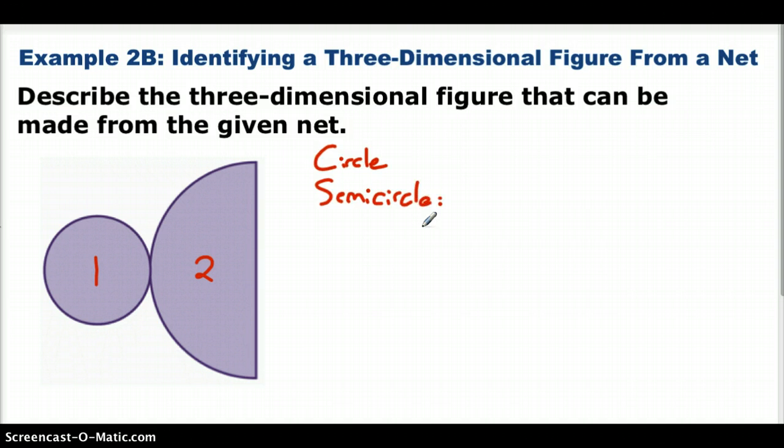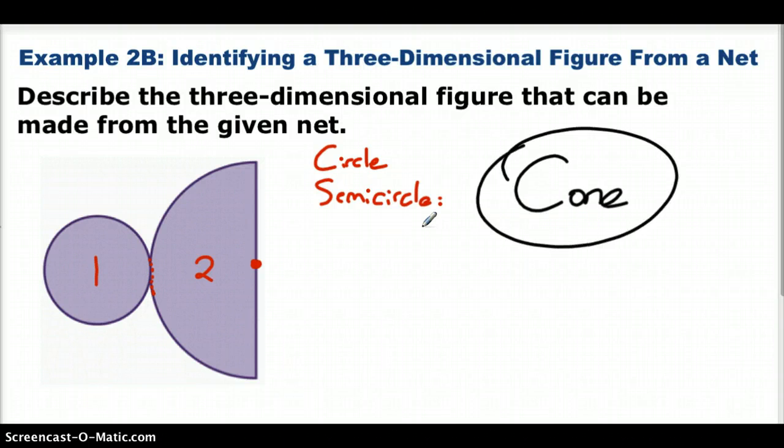If 1 acted as our base, we could fold up part 2 and wrap it around the base of 1, and it would form a point right here. So this is going to form a cone.